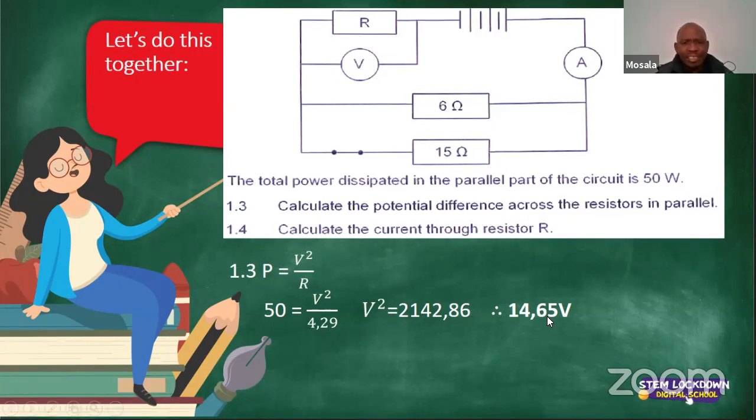Right. The next question was to calculate the current through resistor R. How do you calculate the current through resistor R?